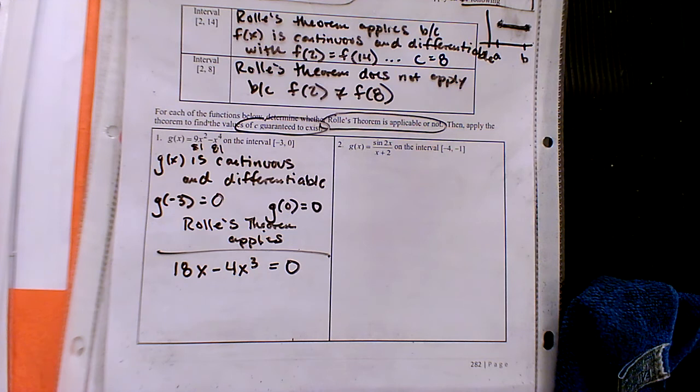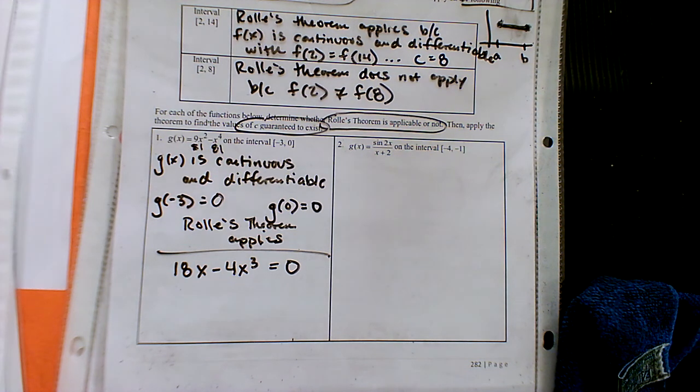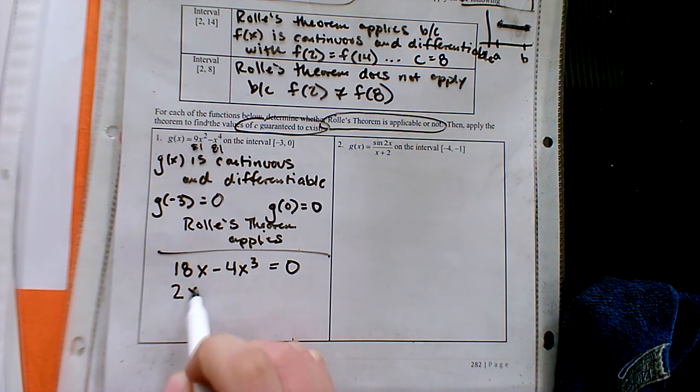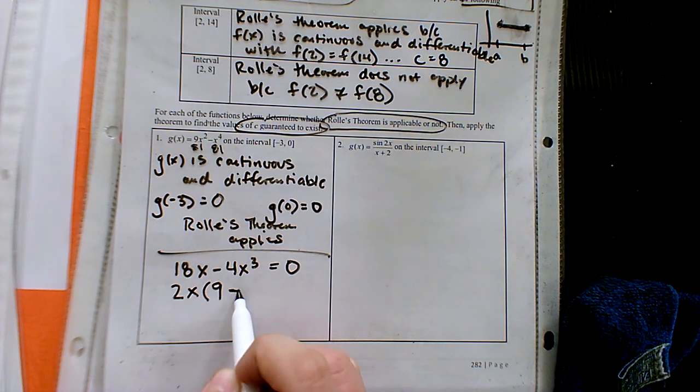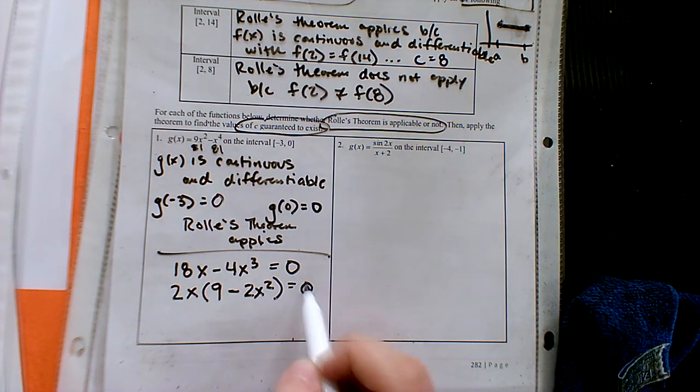How do you want to solve for x? Factor? What do you want to take out? 2x. Okay, so 9 minus 2x squared.